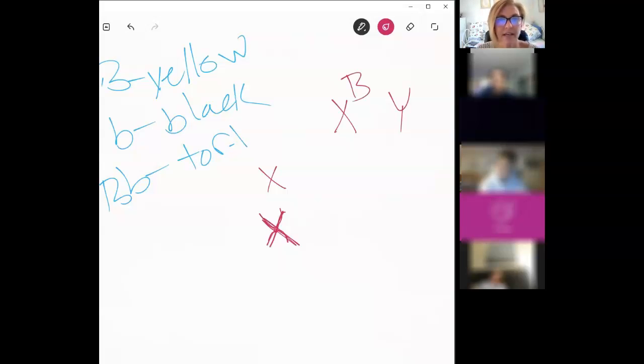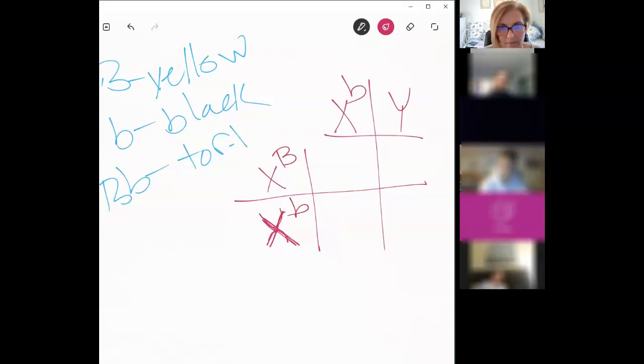I only give my allele to the X. And mom is tortoise, which means she's heterozygous. So first step in solving genetic problems, always determine the genotype of the parents. Second step, distribute the gametes. That creates my box.